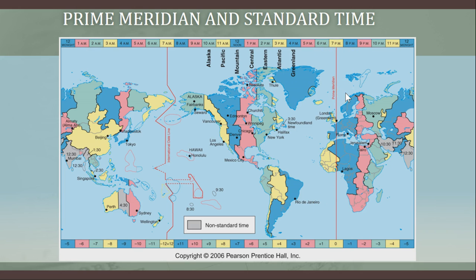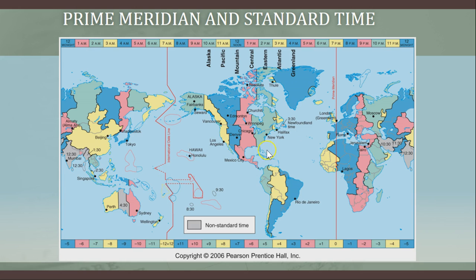And this is where we talk a little bit about time zones. As the Earth rotates, the sun is going to be in a different place for different people. Let's say that it's 7 p.m. in Greenwich Mean Time, and so that's here in England. It's 7 p.m. here. Well, that's what the sun looks like to them, because if the sun is, say, over here, that's the sun angle.